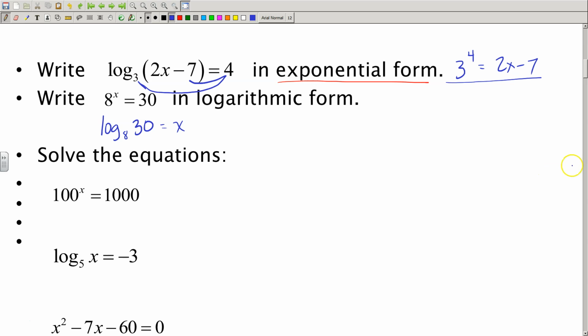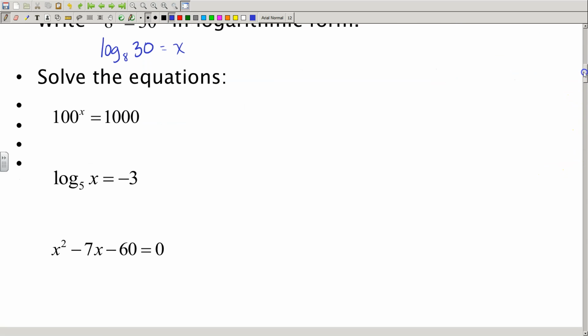Okay, next one says solve the equations. So it says 100 raised to some number equals 1,000. So we have to think about 100 raised to what number equals 1,000. This is an example of something we're going to get into today. This is an exponential equation.